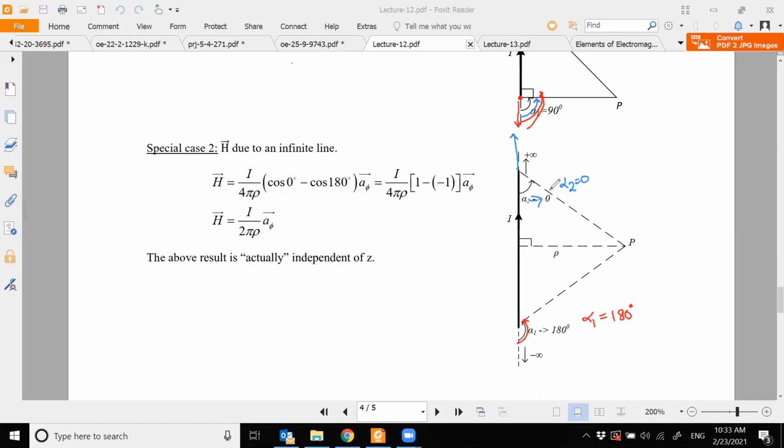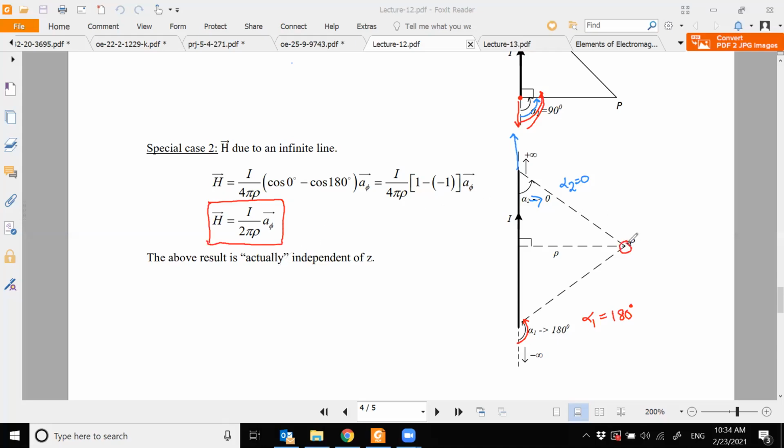Now if you substitute these two in our finite line equation, I over 4 pi rho is cos of 0, alpha 2 is 0 degrees and alpha 1 is 180 degrees. So it is 1 minus of minus 1. So H bar is I over 2 pi rho times a phi.